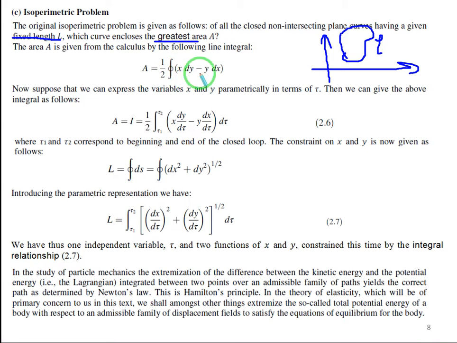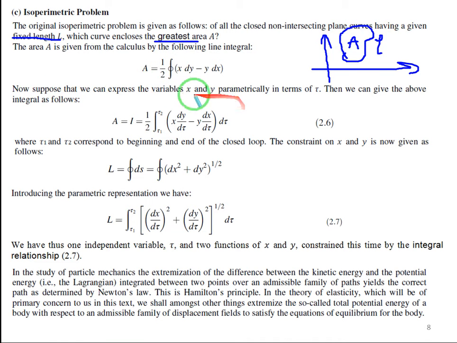I will prove it in the next slide. We can show that A, the area of this curve, can be calculated by this formula: integral of x dy minus y dx.